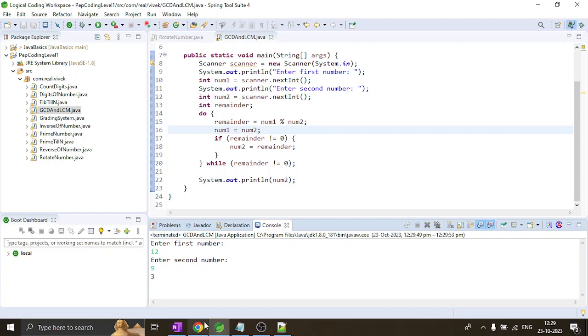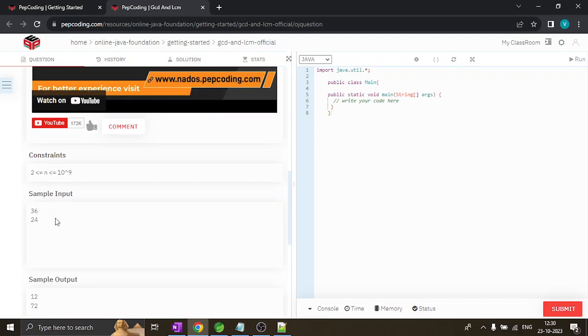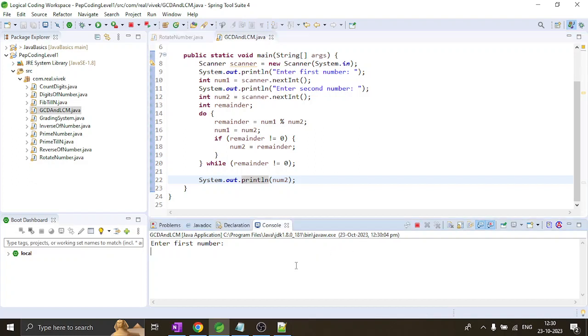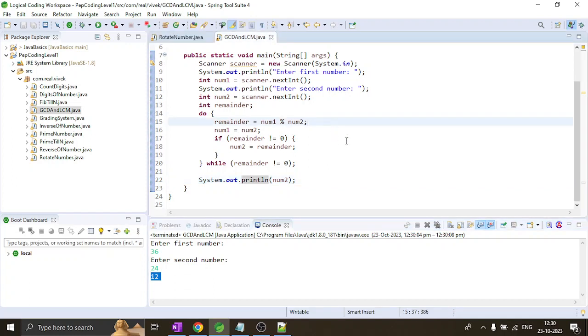Let's try for the one where we have 36 and 24. 12. Yep. So this is how we can solve it for the GCD part.